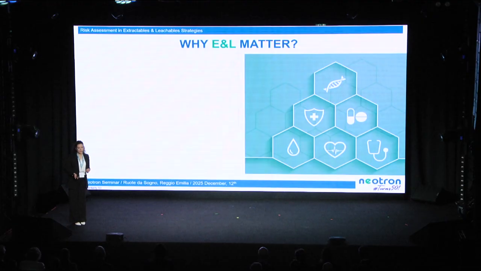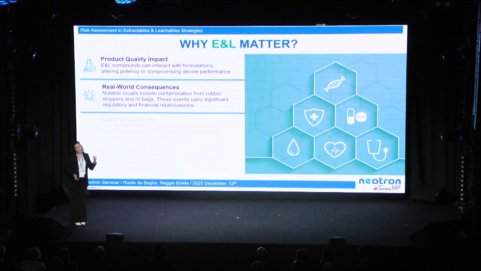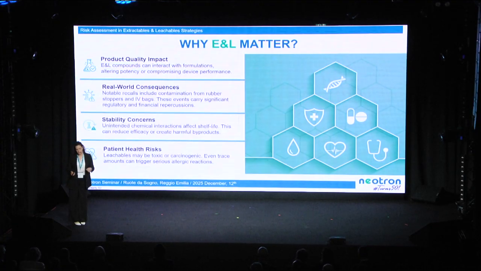And why are extractables and leachables projects crucial? Why do they matter? We have different topics to talk about as issues. Of course, the product quality impact, because these kinds of compounds can interact with the formulation, altering the potency or even compromising the device performance.